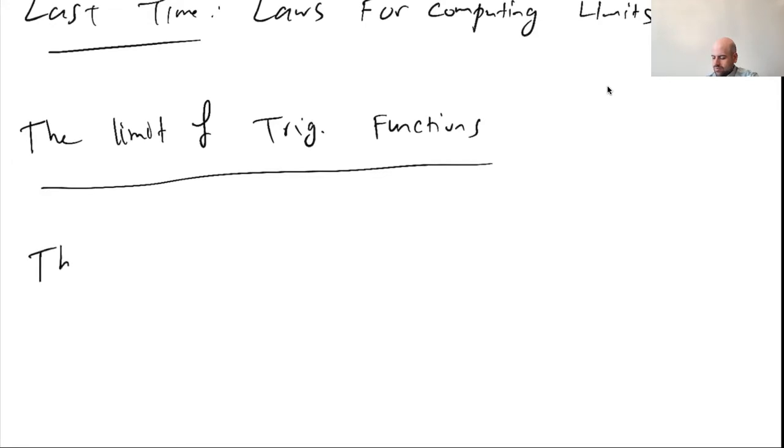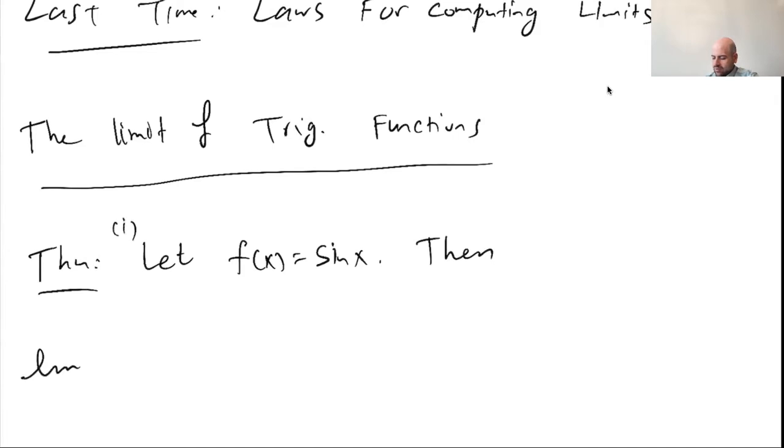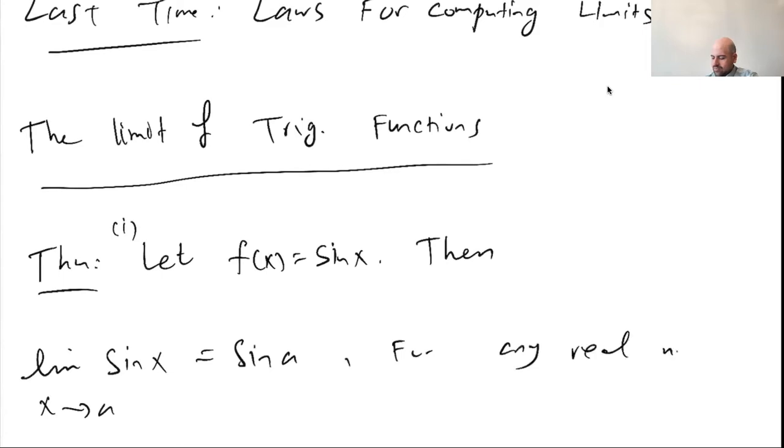So, theorem: let f of x equal sine x. Then, this is part one, we can say the limit of sine x as x approaches a is equal to sine a for any real number a.